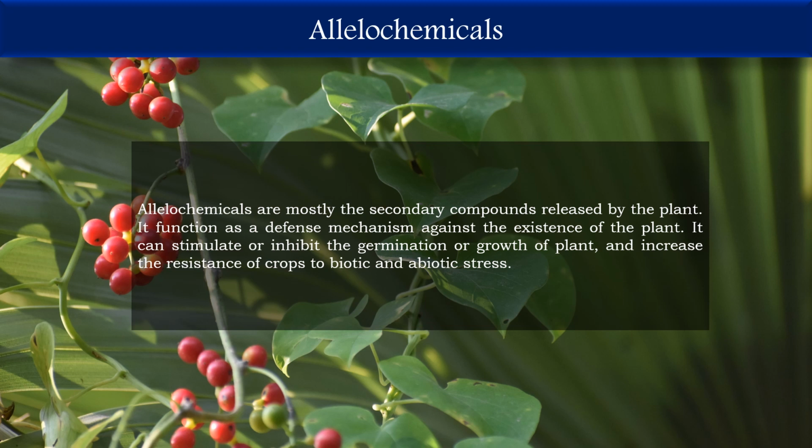These allelochemicals are mainly released by some plants to destroy particular plants in their vicinity. These chemicals alter the genetic structure of the neighboring plant to seize their growth, which is ultimately fatal to them.